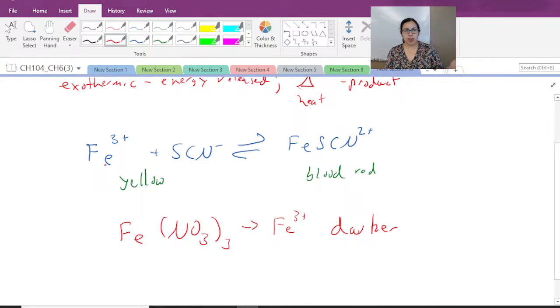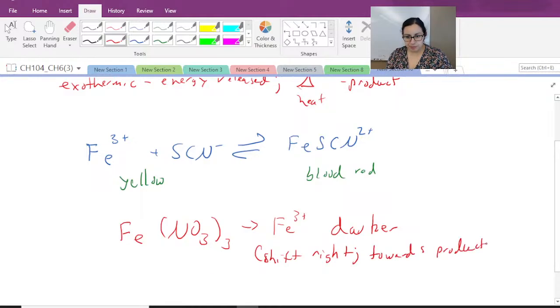We had our test tube, it starts off at equilibrium, and then if we add more reactants, that should drive it towards the product side, so it's darker. You can also put shift right, or towards products, so any of those would be appropriate.